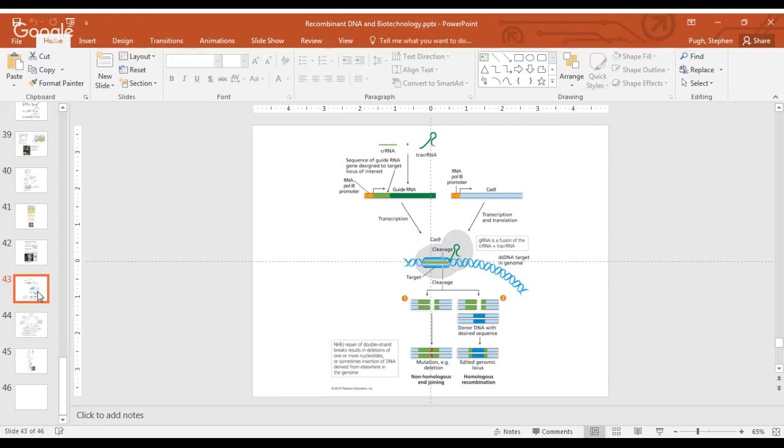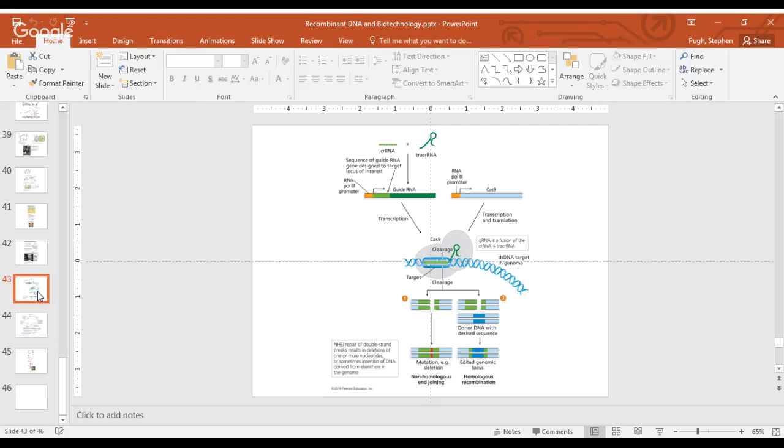CRISPR is actually a sequence of nucleotides that can bind to a specific sequence of DNA, and it combines with another protein called Cas9, which is capable of cutting DNA.